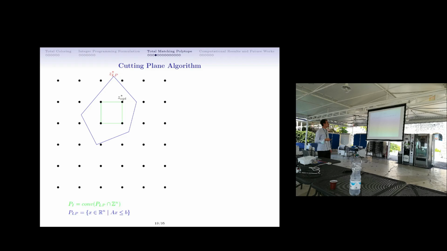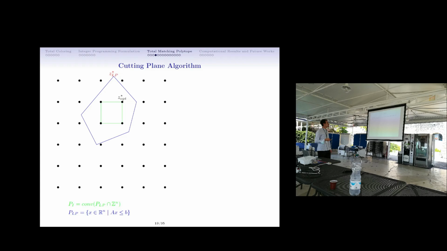Consider the convex hull given by this green polygon, by these four integer points that are green, and the relaxation of that integer hull, that is the blue polygon here. If we want to optimize a linear function over that green polygon, we get that optimal value, that is the z up here.